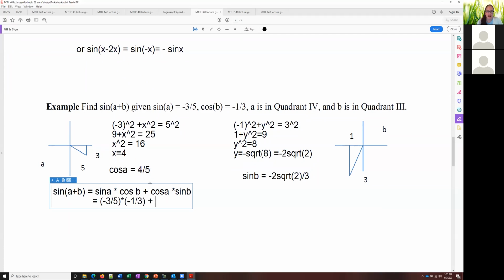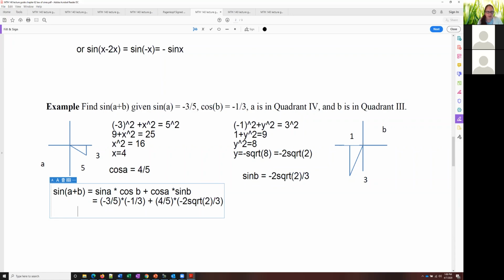The cosine of A we found was 4/5. And the sine of angle B we figured out was negative 2 square root 2 over 3. Does that make sense so far?